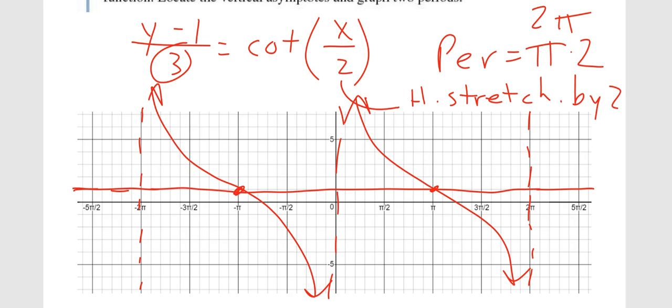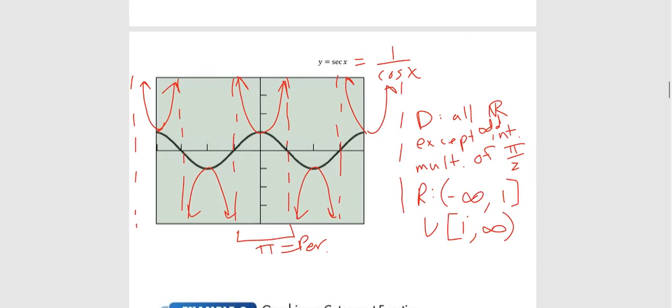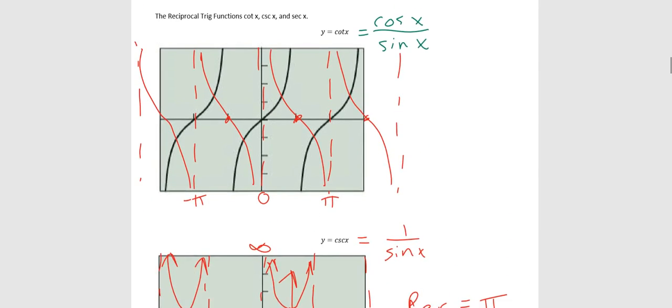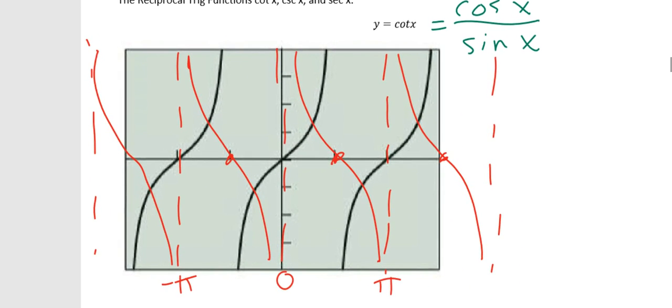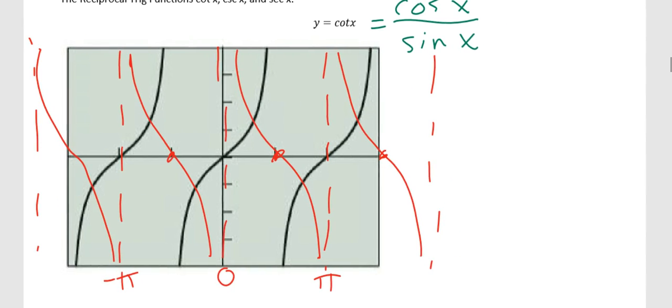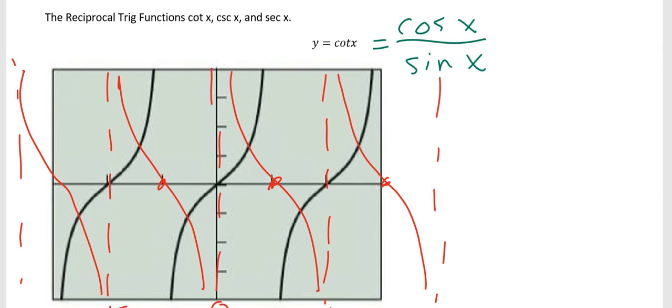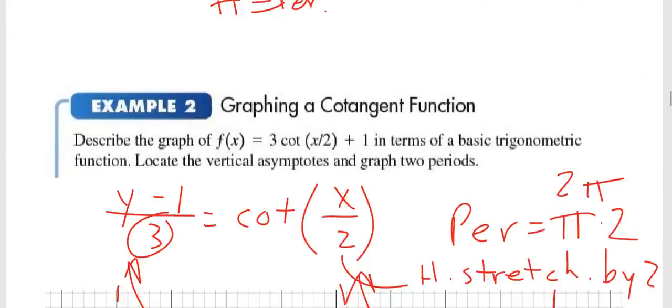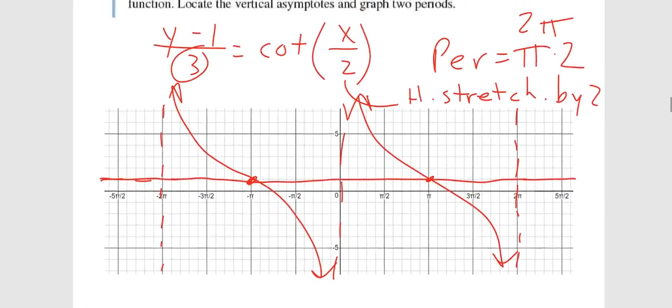So it's just your basic cotangent. If we go back and look at the previous tangent graph, which was right here, the red one, all we're doing is a horizontal stretch. Okay, sorry, that was in both directions accidentally.